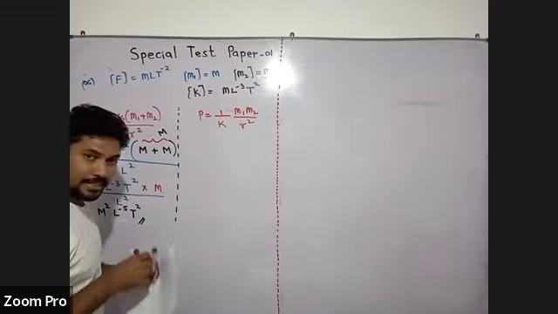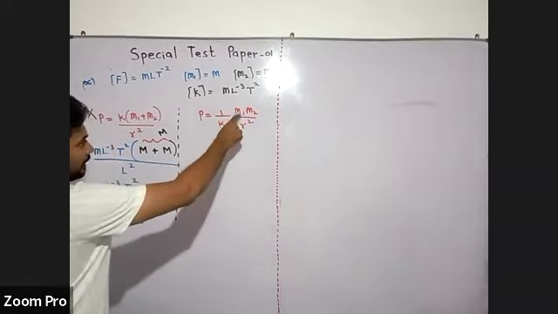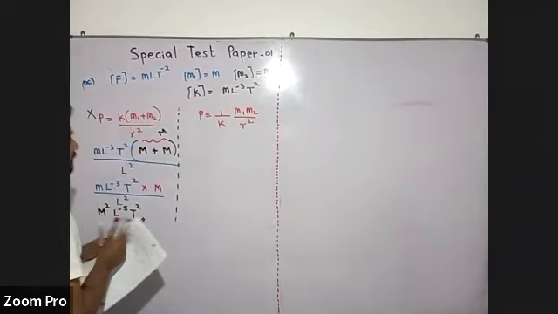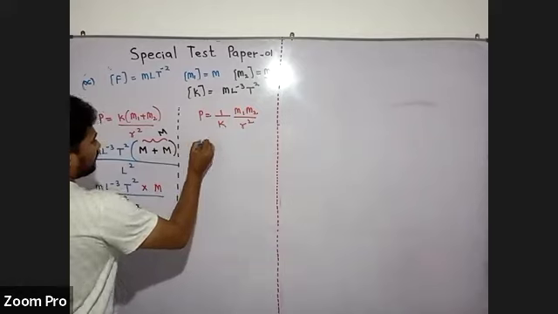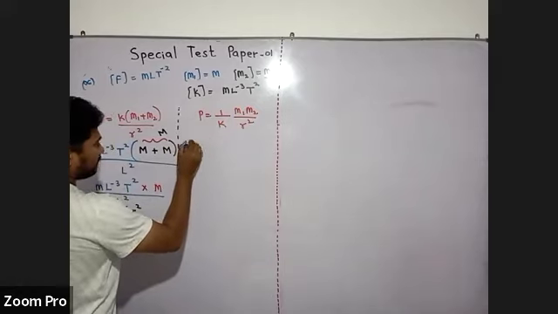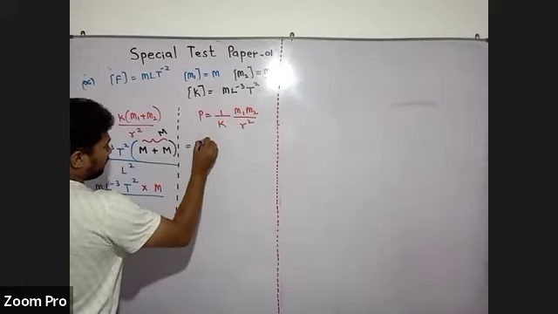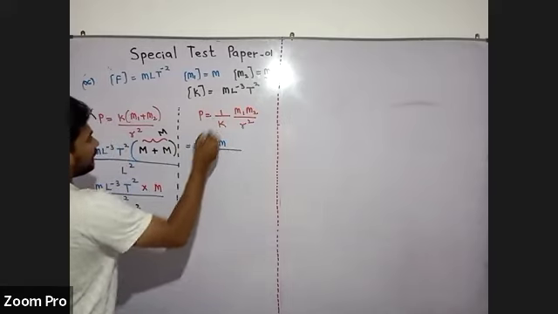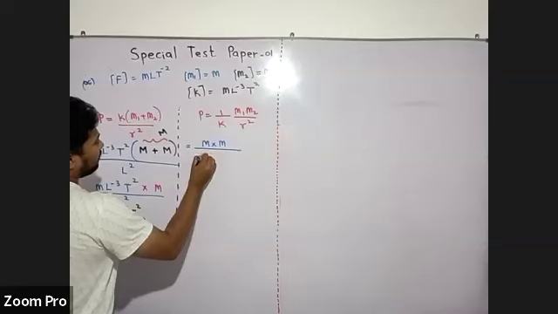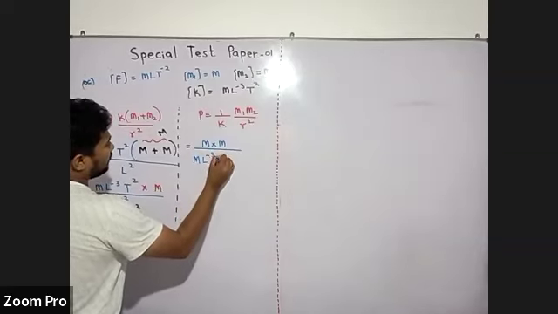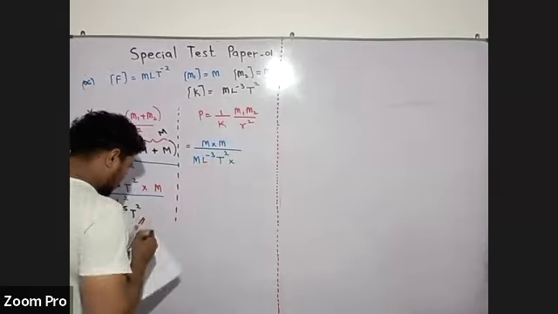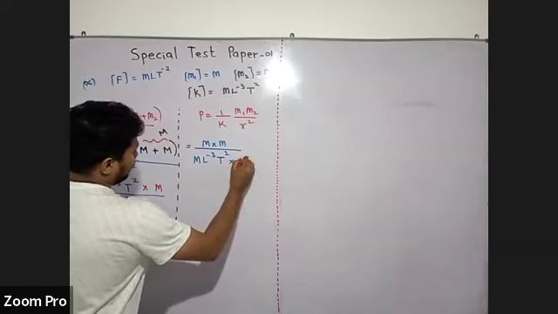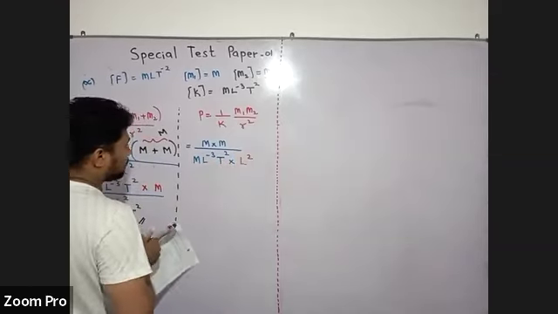So guys, in the second answer, there's a multiplication between m1 and m2, right? So let's substitute the dimensions for the right side. Then instead of m1, it is m multiplied by m over k, that means m l minus 3 t2 into l squared. So let's simplify this one.